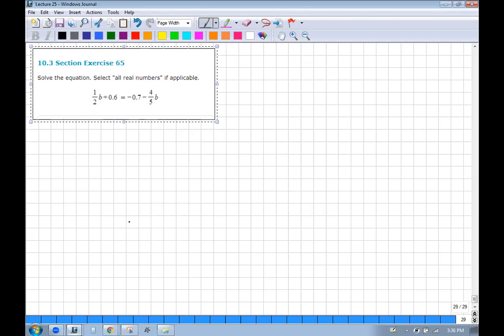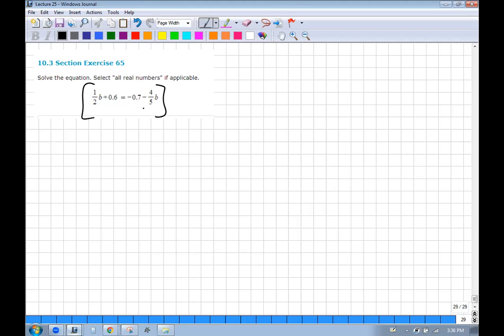Solve the equation. Select all real numbers if applicable. I can tell you right now, the b's do not fall out of this equation, right? So they have decimals and fractions. That's lame. Let's get rid of the fractions. All right, decimals are easy. Fractions suck. 10 is the smallest number that divides both of these.